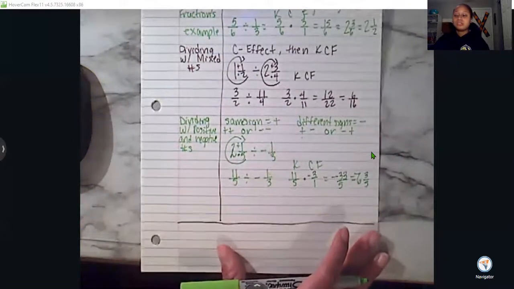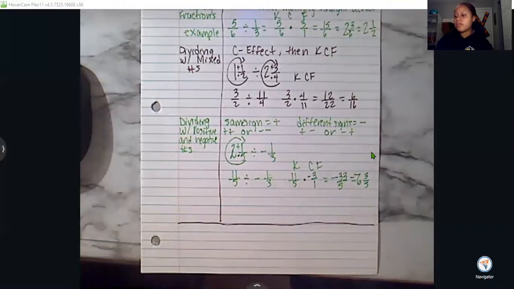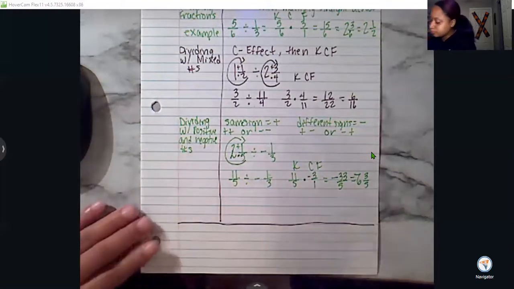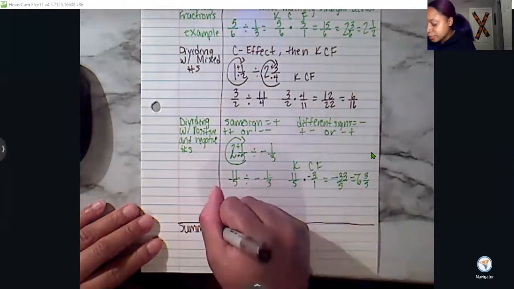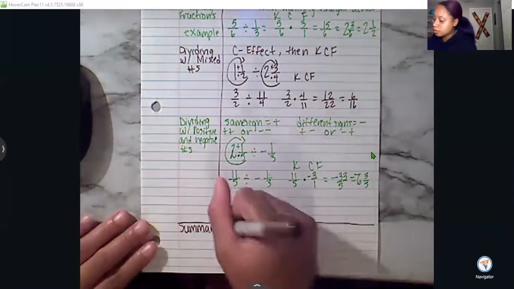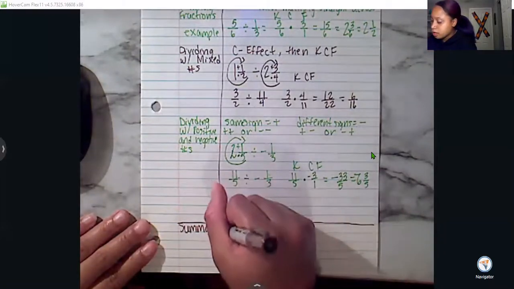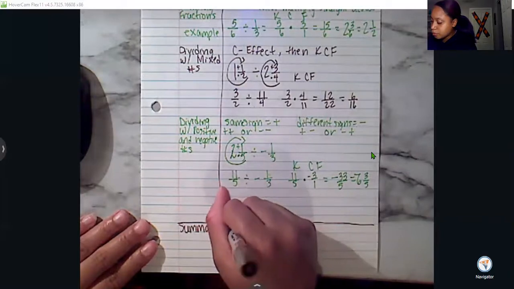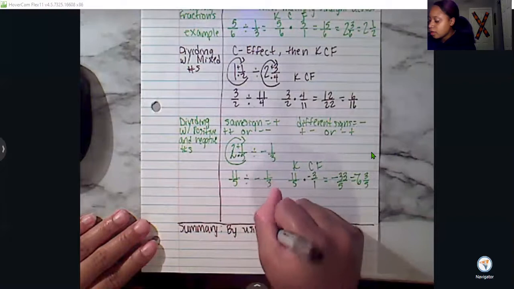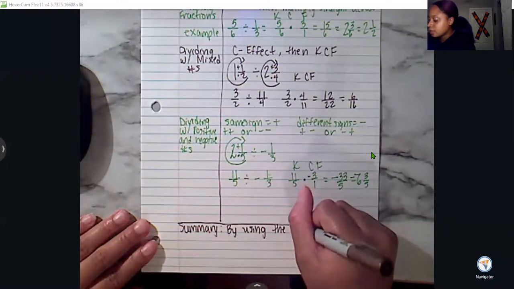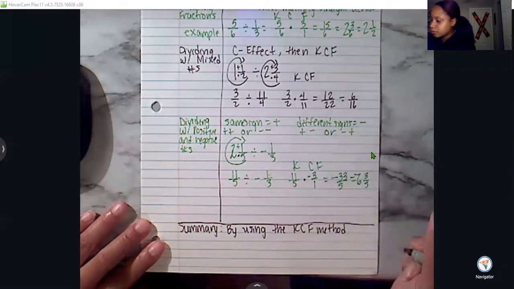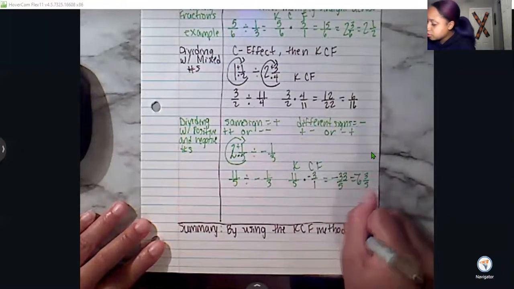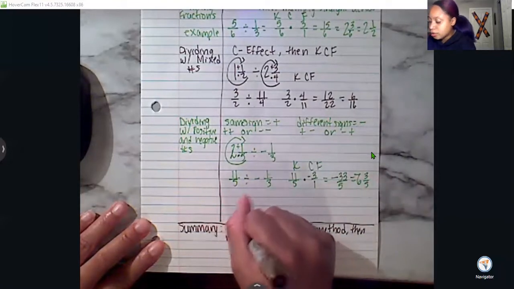To summarize the question of how do I divide fractions and mixed numbers: very simple. This is very similar to our multiplying fractions and mixed numbers. For our summary, you divide fractions using the KCF method, then multiplying straight across.